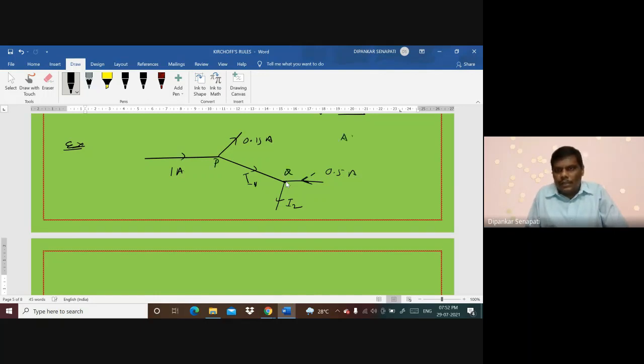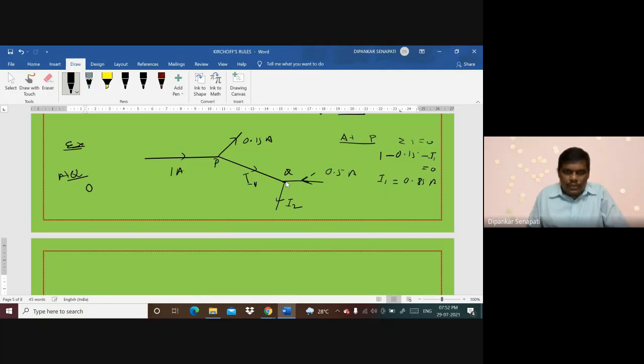At P, what we can write? 1 minus 0.15 minus I1 is equal to 0. This is summation of I is equal to 0. And therefore, I1 can be written as 0.85 ampere. Here you see, at the point Q, if we want to apply Kirchhoff's first rule at Q, what we can write?